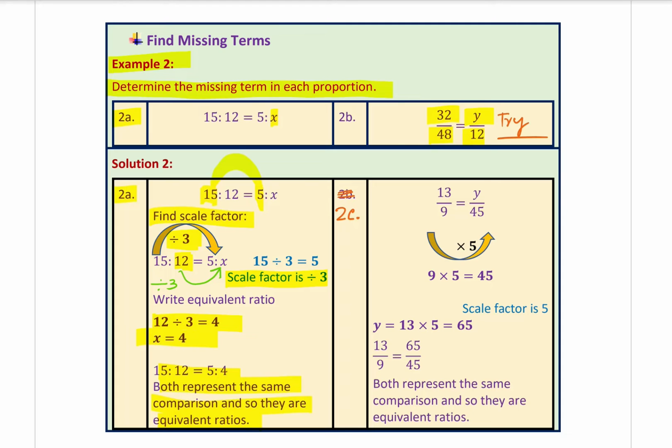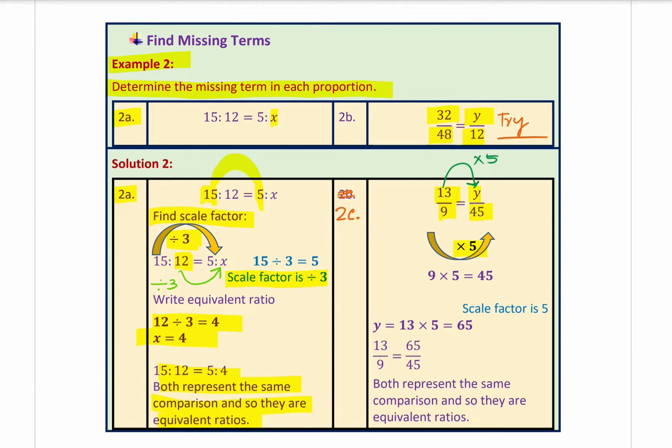Okay, so in this case we have 13 over 9 equals to y over 45. How do we do this? We are given two values, 9 and 45, in similar positions. How do we get one from the other? So we get it by multiplying by 5. That means I have to multiply 13 by 5 to get my answer, correct? So I have to do 13 times 5 to get the value of y.